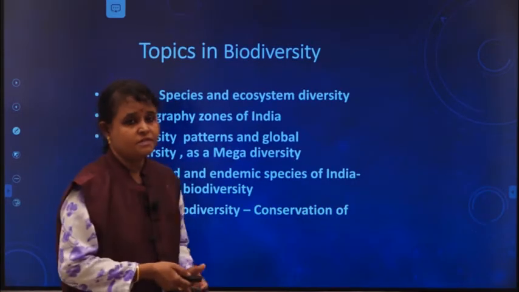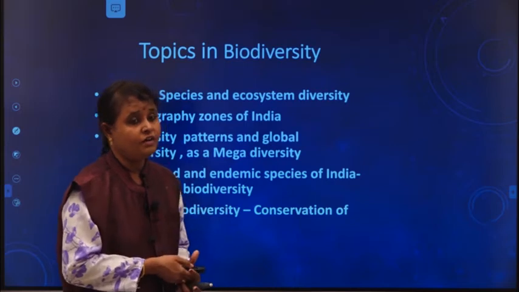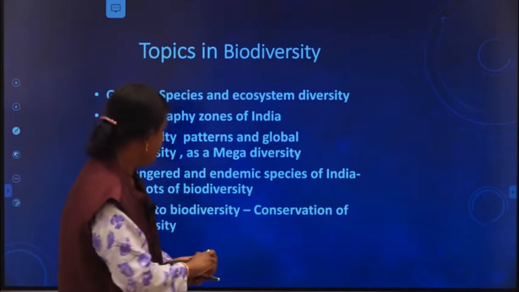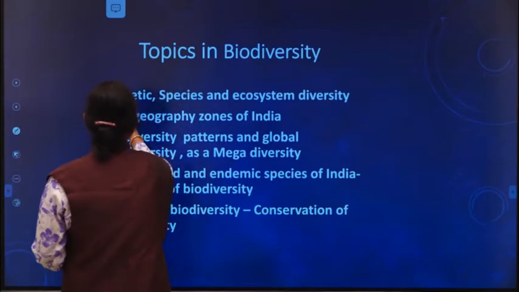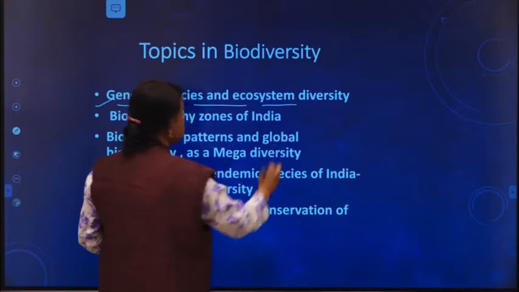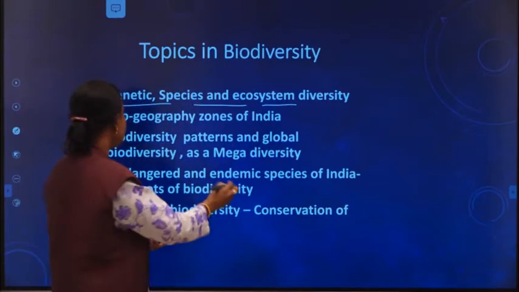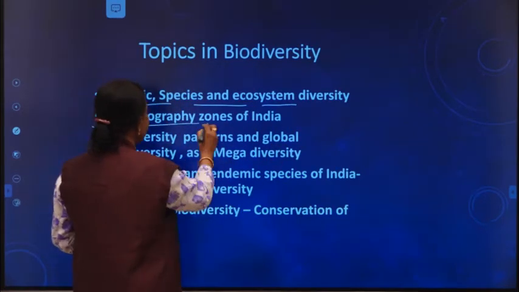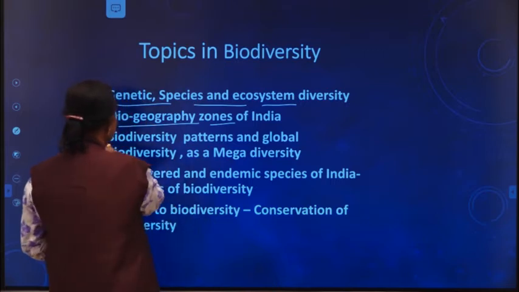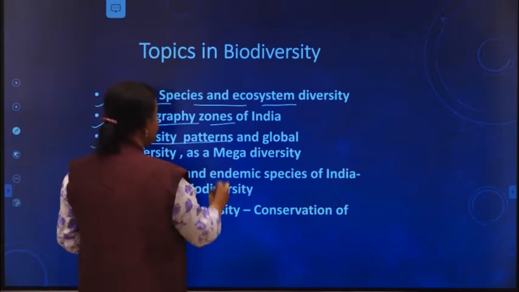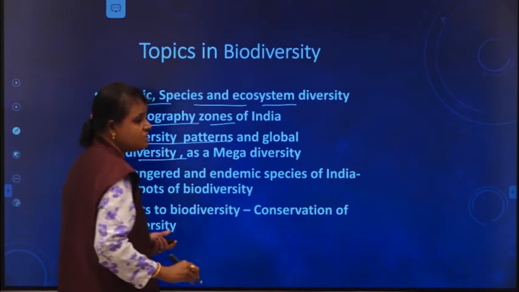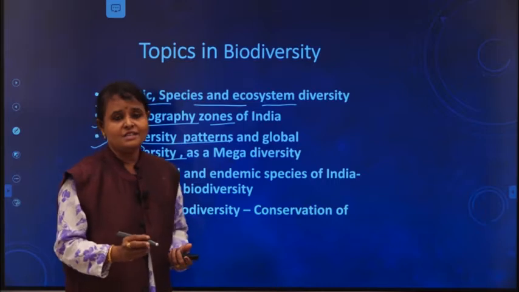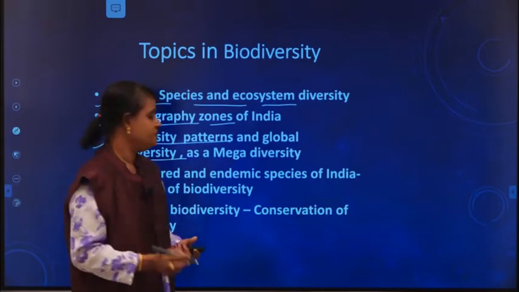What are the topics that I would like to cover in biodiversity? The first one, genetic diversity, species and ecosystem diversity. Second one, biogeographical zones of India. Third, biodiversity patterns and global biodiversity, and India as a megadiversity nation.